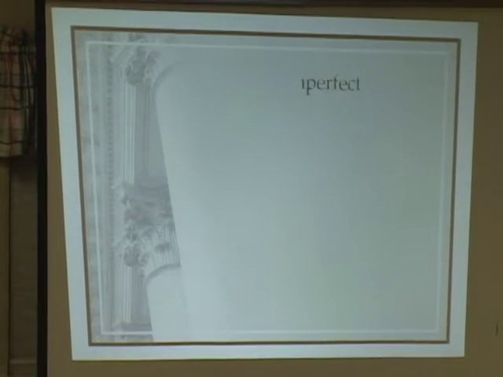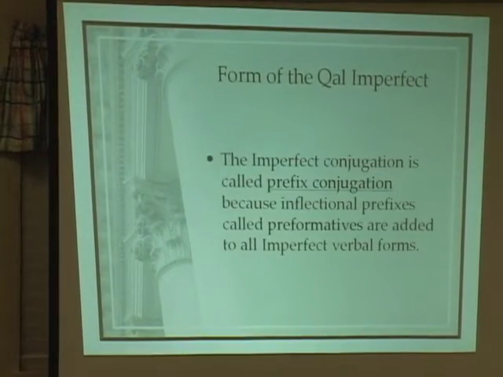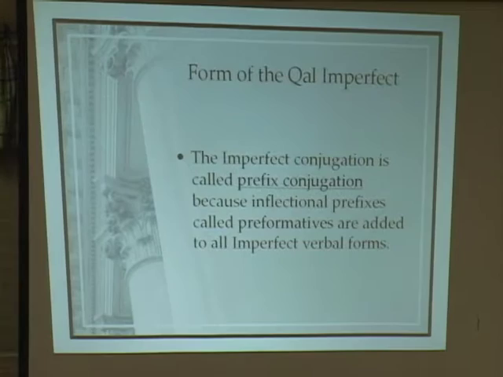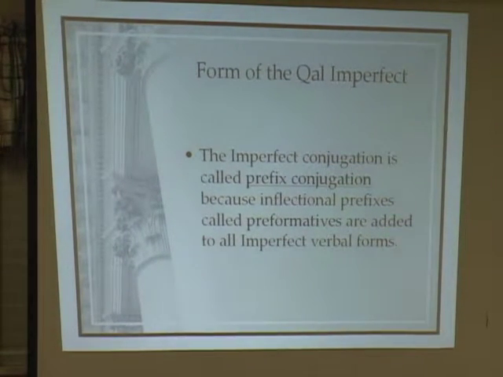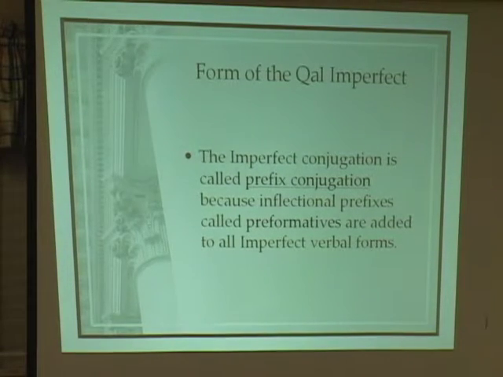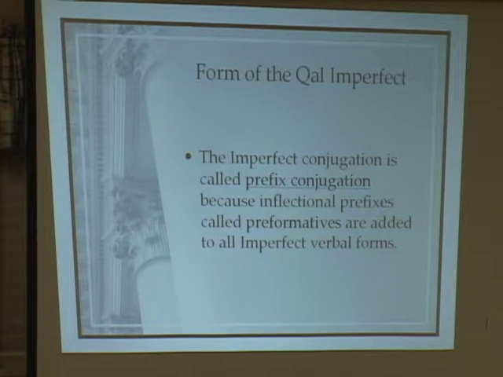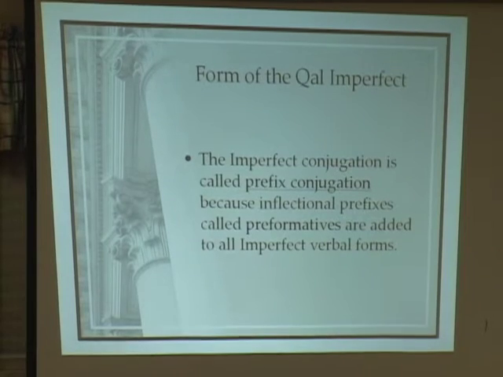We already said that. What is the form of the imperfect? Before, in our paradigms, we were shown subformatives, which are usually suffixes with the pronominal meaning. First person, second person, third person, masculine, feminine, and so on and so forth. While with the imperfect, we'll actually see some prefixed letters, which will point out the difference between the imperfect and the perfect.